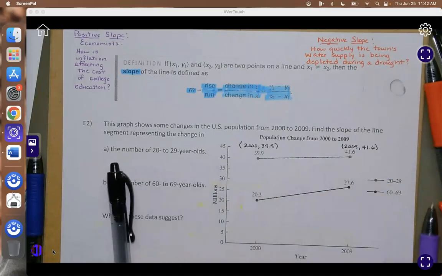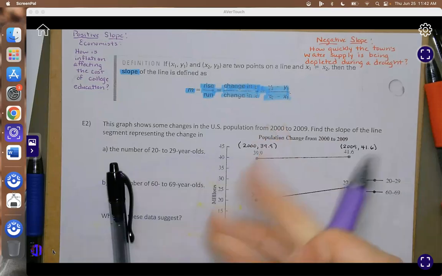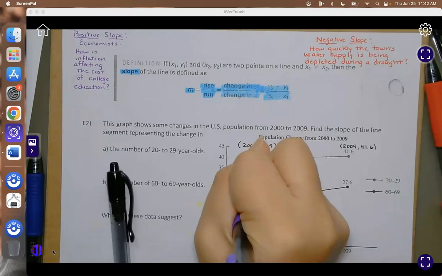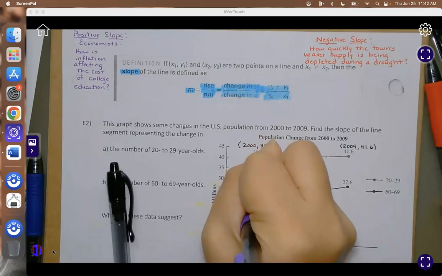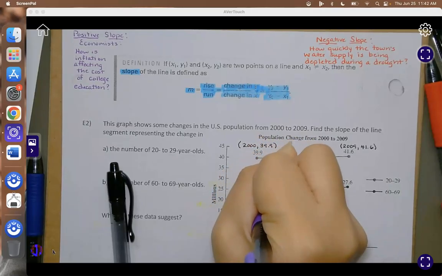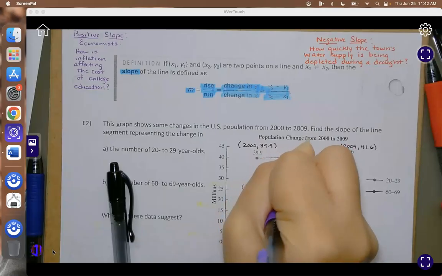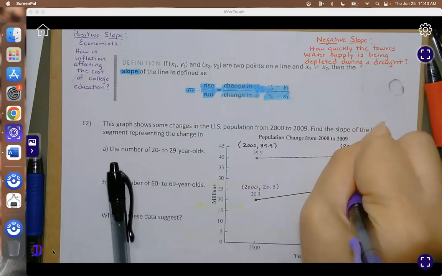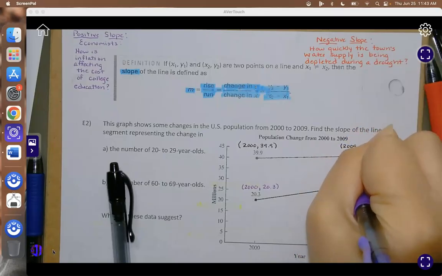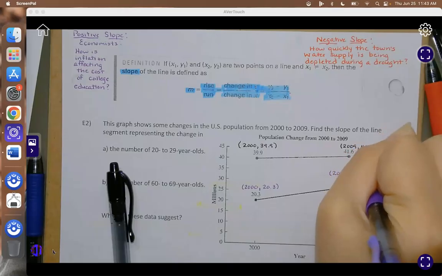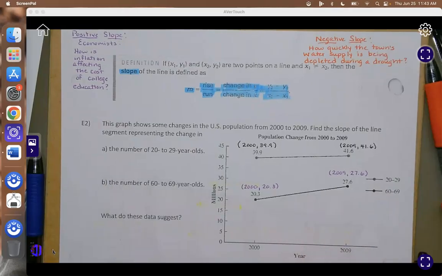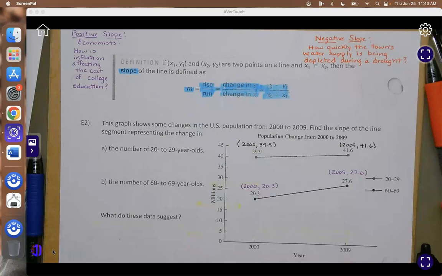Then down here, for 60 to 69-year-olds, in 2000, it's 20.3 million. In 2009, it's 27.6 million, because that's when the baby boomers were starting to become in their 60s. Okay, so that's why the number increased.